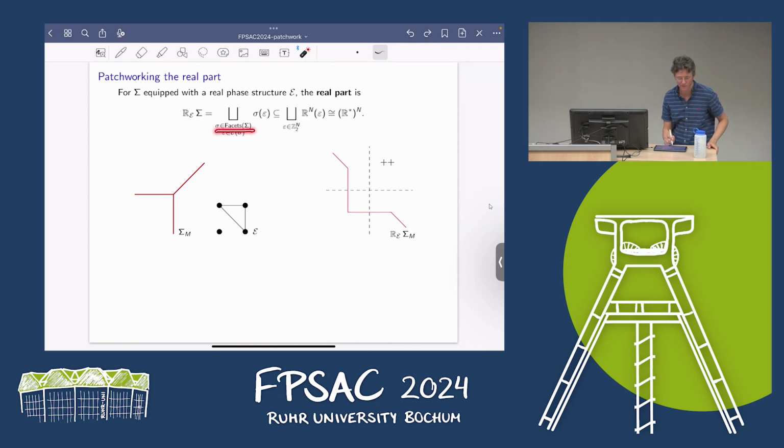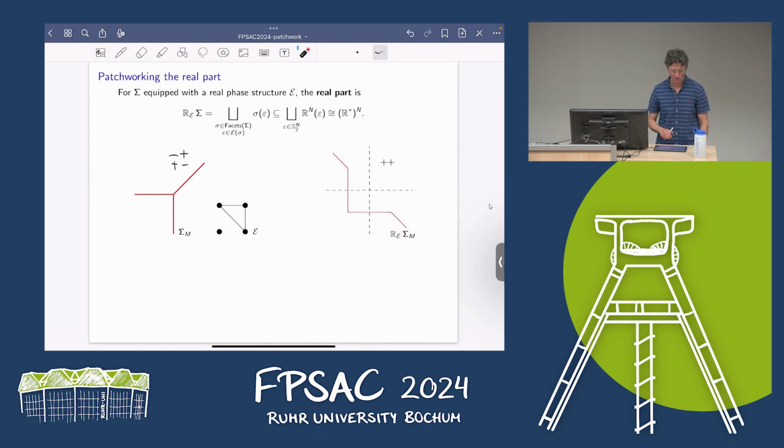If I have a face of the fan, I only take the corresponding copy for the sign epsilon if epsilon is in the E of that face. So that means that here, where I had a minus plus and a plus minus, that's exactly where this diagonal edge shows up in its symmetric copies.